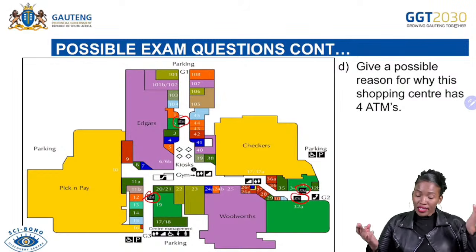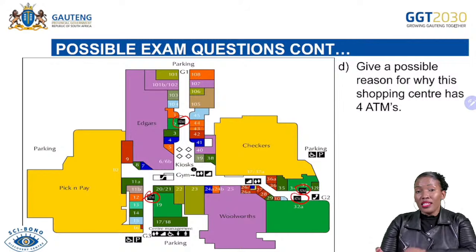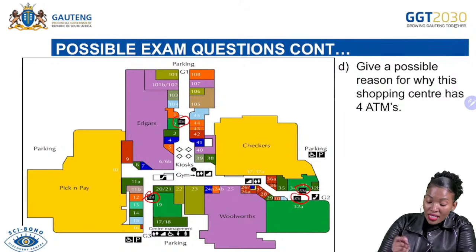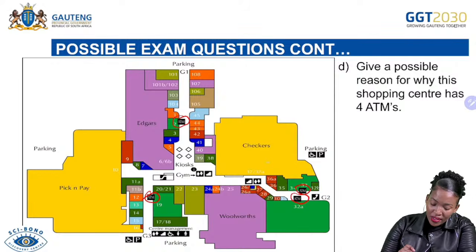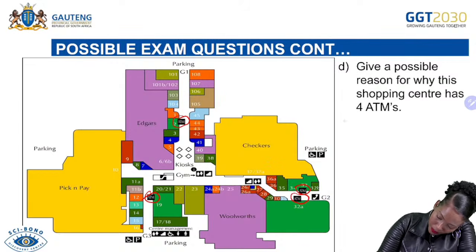Well, the only reason that I can think of that makes sense, it could be those ATMs are from different banks. It can be all those 4 ATMs are not from Nedbank, or all from Absa. So the only reason that is valid is there are 4 ATMs because they are ATMs for different banks.